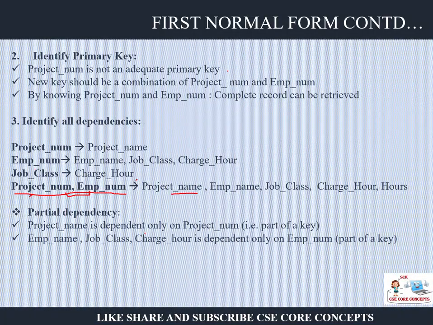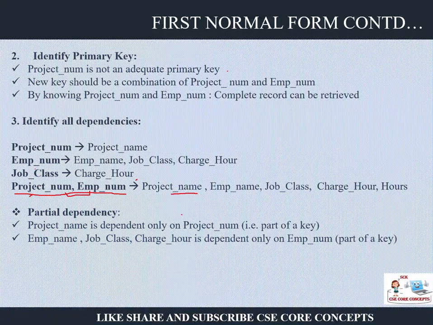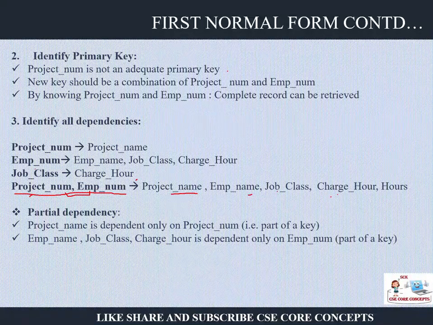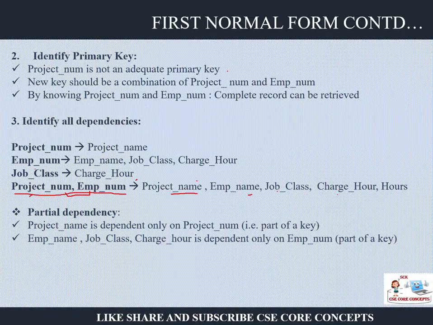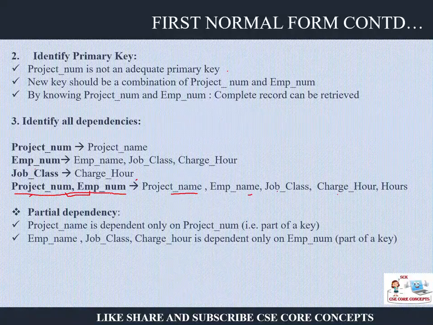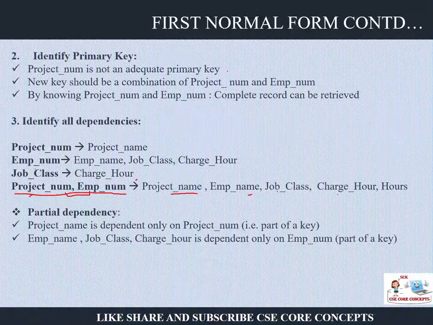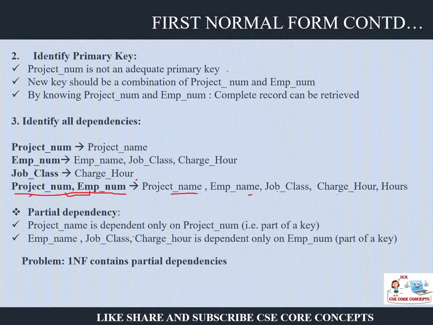This is called a partial dependency. Similarly, employee name, job class and charge per hour are dependent only on the employee number, not on the complete primary key, that is, project and employee number. So these are called partial dependencies.